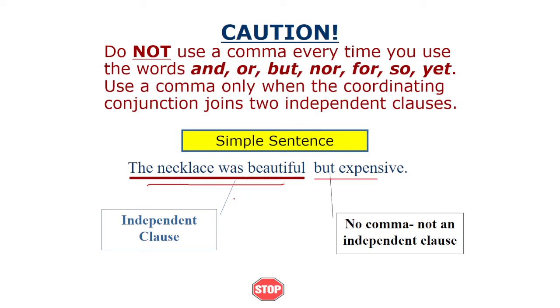Here, there are no two independent clauses, so we will not use the comma. In this case, the necklace was beautiful, but the ring was ugly. If we use such a sentence, then we will use the comma. So here, no need to use the comma.